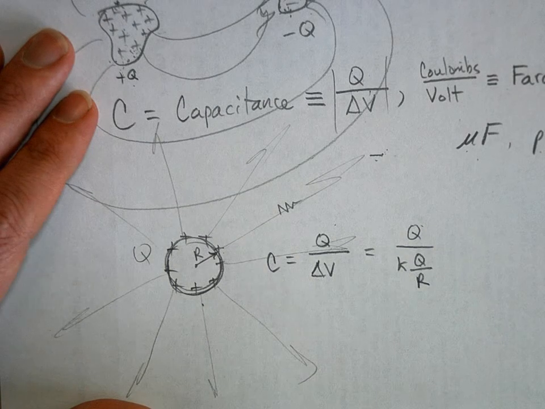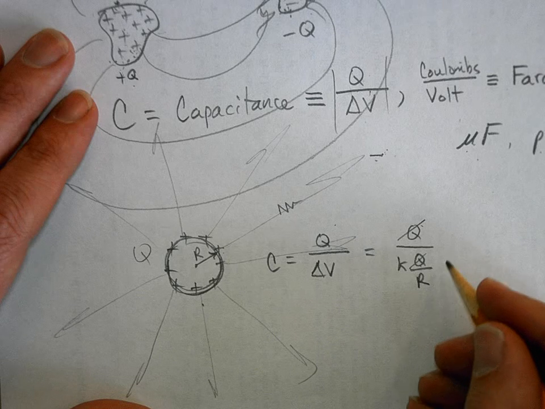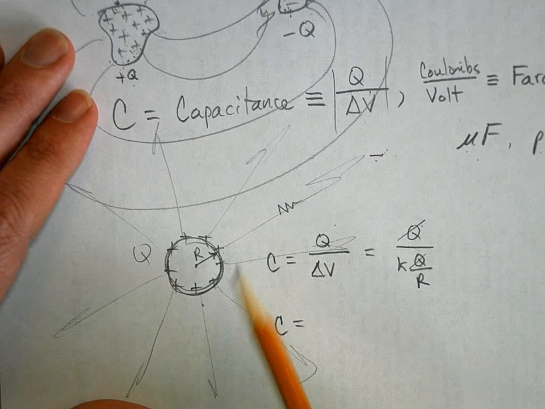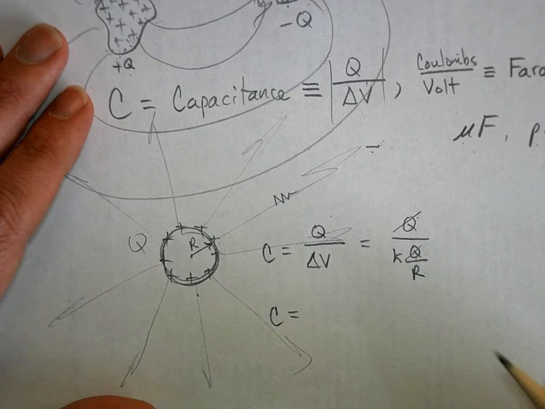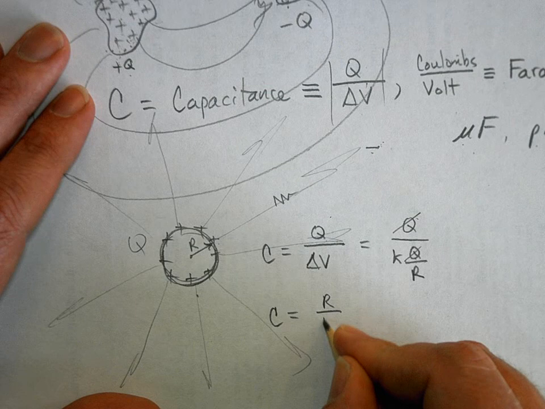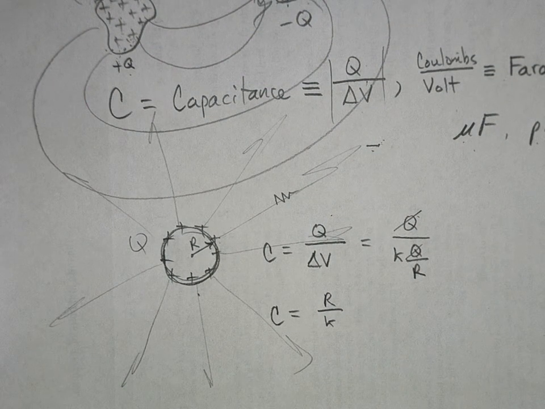The q cancels. And so what you have is the capacitance of a spherical charged metal is just r, the radius, over the electric constant, k.